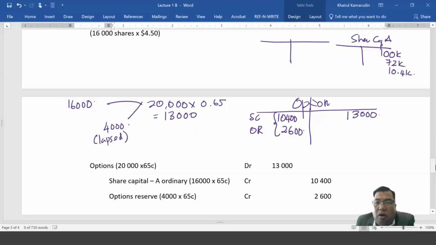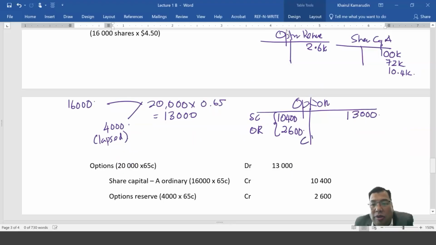Then you have the option reserve. I wouldn't call it profit, but since you received the money and you don't give them the share, it'll be your reserve. The amount is 2,600, 2.6K. So this is how we close our option account.